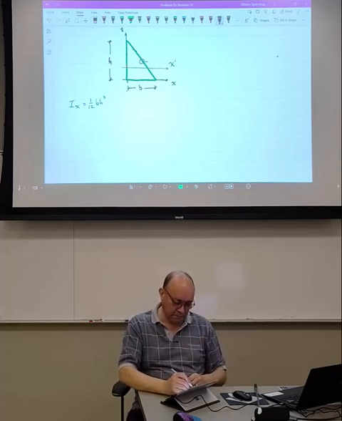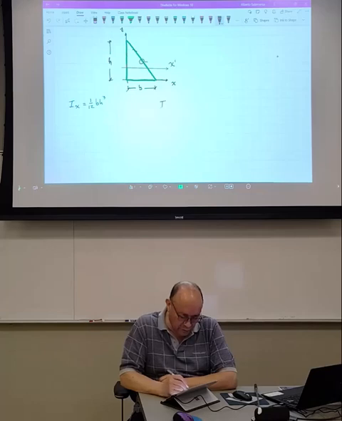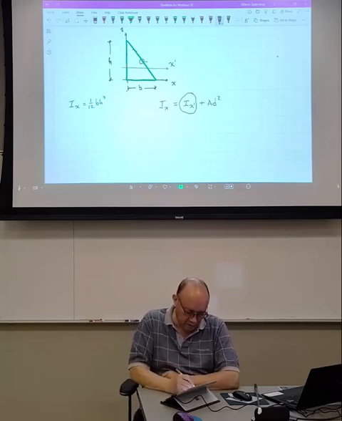My formula for the parallel axis theorem is Ix equals Ix prime plus Ad squared. In this case, we have to solve for this one.